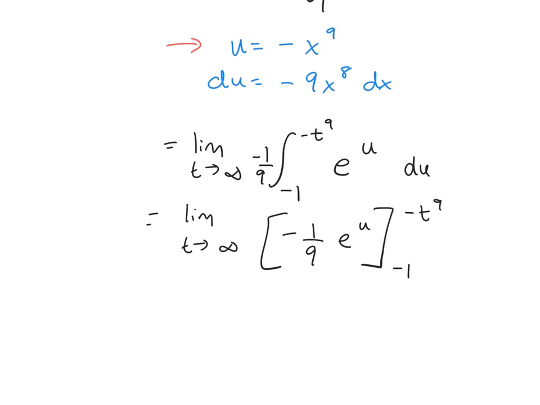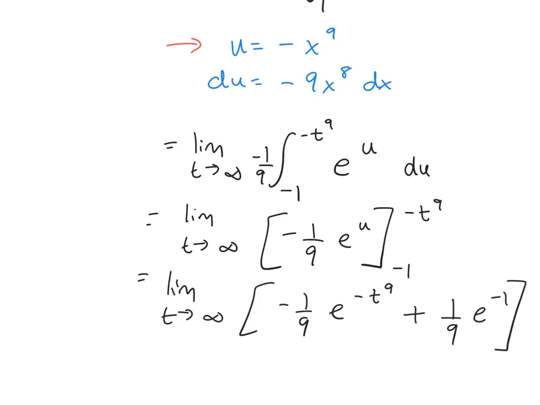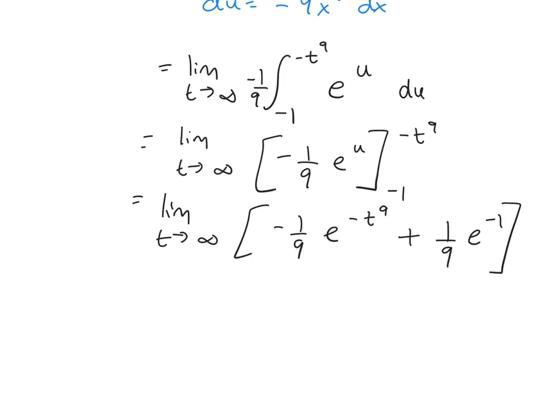All right, so let's see, we plug in our bounds, right? Negative 1/9 e to the negative t to the 9th, minus a negative, so plus 1/9 e to the negative 1. And now the question becomes, what is that limit? First part is 0. How do you know it's 0? You have a negative exponent.